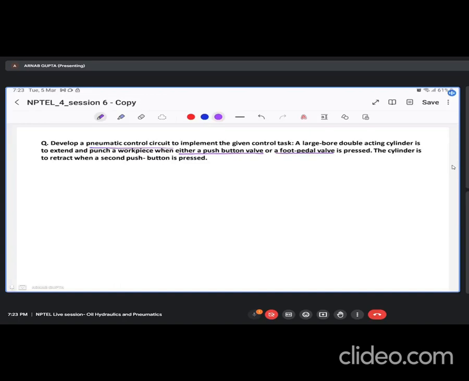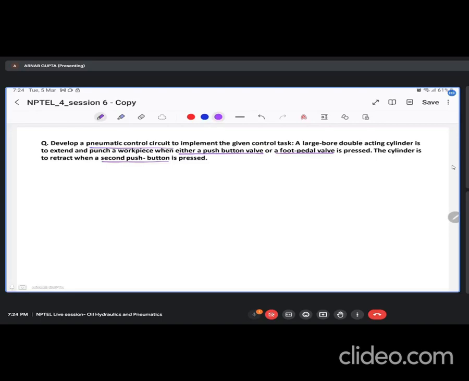The operator with control of one valve can actuate the cylinder, while another operator can also actuate it. These things are visible in various industrial applications. The cylinder is to retract when a second push button is pressed. These things need to be kept in mind while designing.